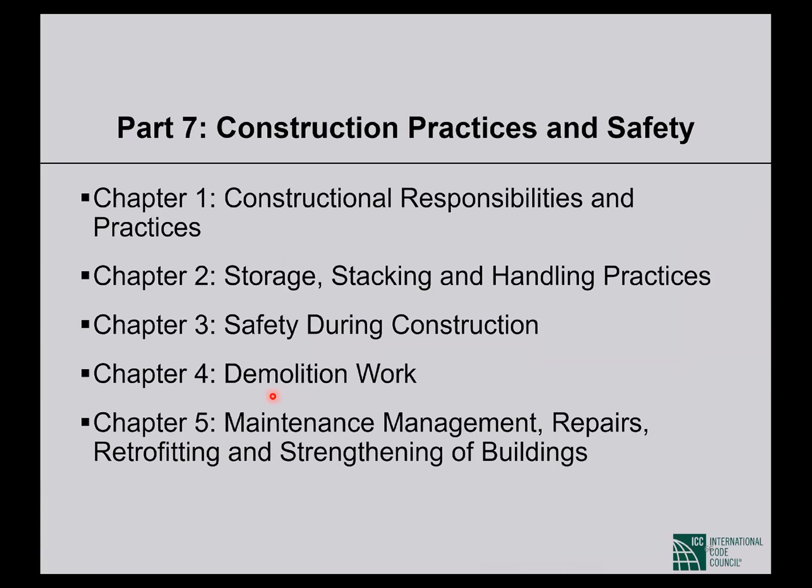Let's see what's there. There are 5 chapters. I mentioned them previously. So most of the chapters are related to safety. Second chapter is related to storage and handling. And fourth chapter is related to demolition work.